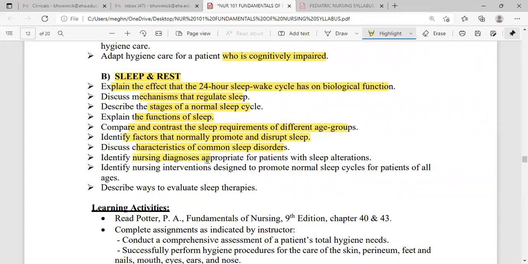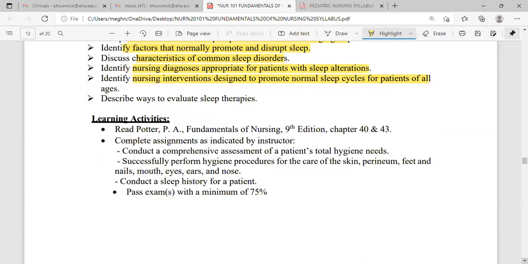Identify the nursing diagnoses for patients with sleep alterations. Identify the nursing interventions designed to promote a normal sleep cycle for patients of all ages. Describe the ways to eliminate sleep disturbances, right? What are the resources or learning activities?